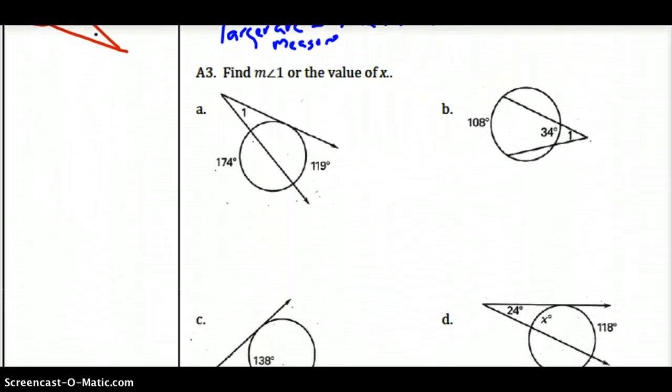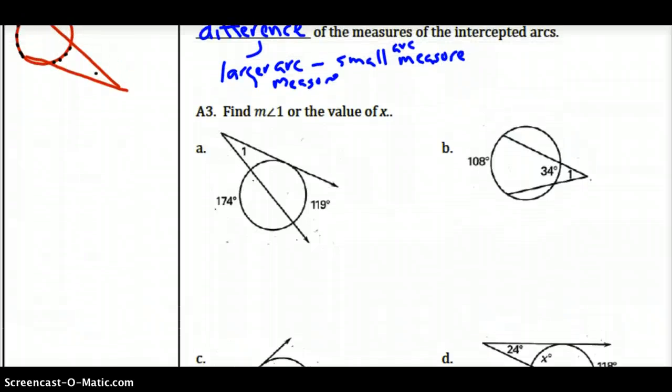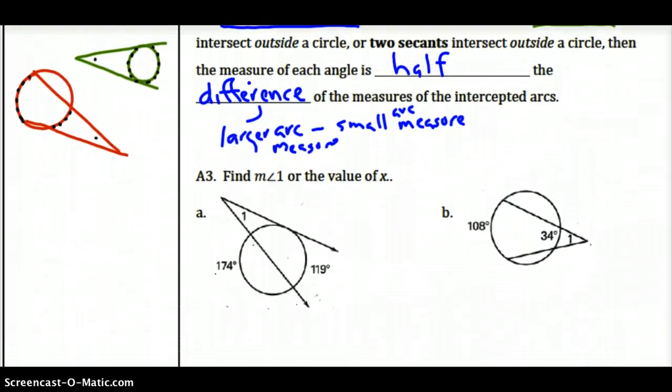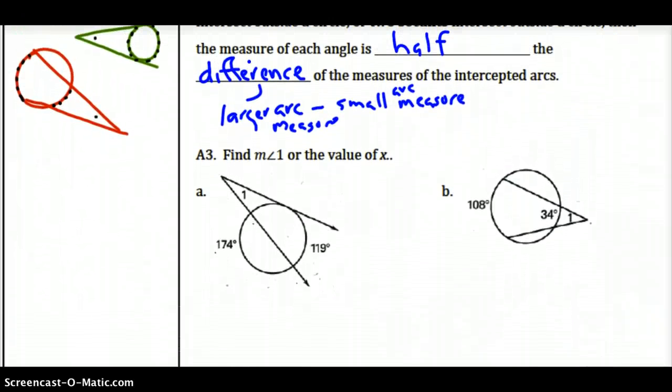So we've got a few problems to take a look at now. Again, I'm going to just keep this here. This is a tangent. Here's a secant. I've got my small arc, my big arc, and my angle. So the measure of angle 1 is going to equal 1/2 the large minus, well, what is this small one here?